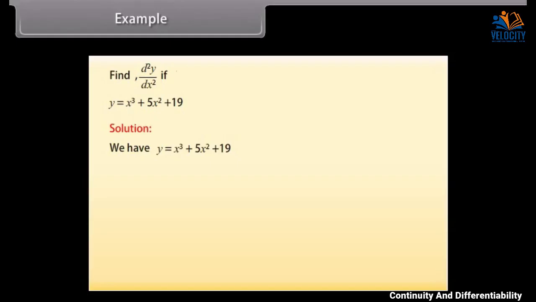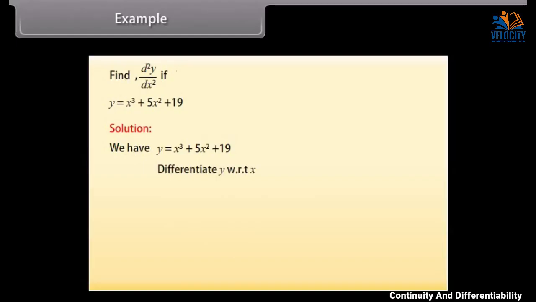Example: find d2y by dx square if y is equal to x cube plus 5x square plus 19. Solution: we have y is equal to x cube plus 5x square plus 19.